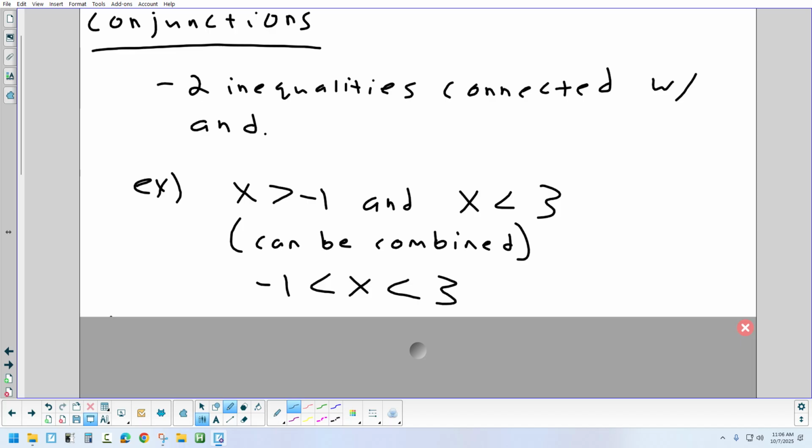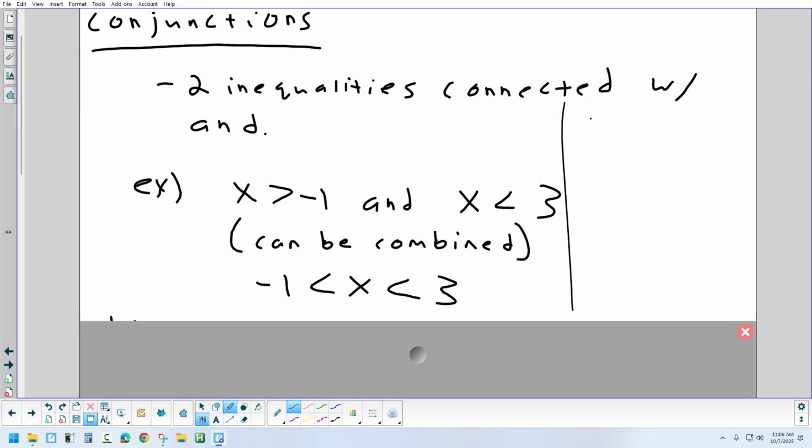Like if you made it into an arrow, like that, they're pointing left. So if I had something like, just make up another example. X is greater than 5 and x is less than 20. Let's combine that into a shorter format.